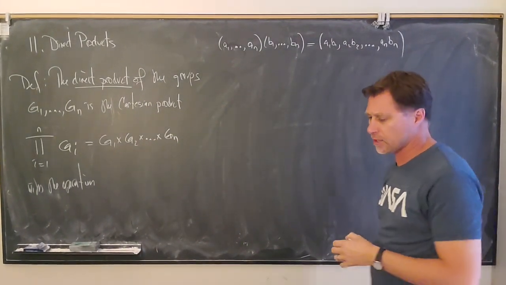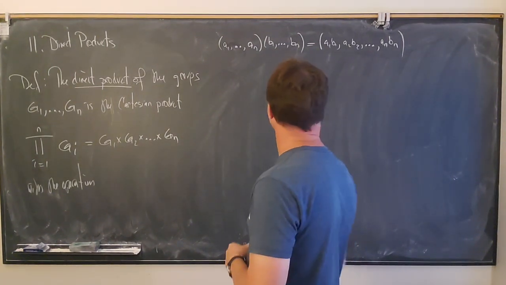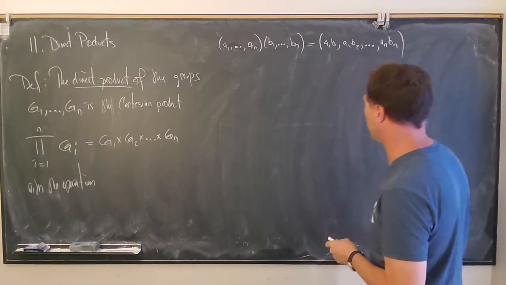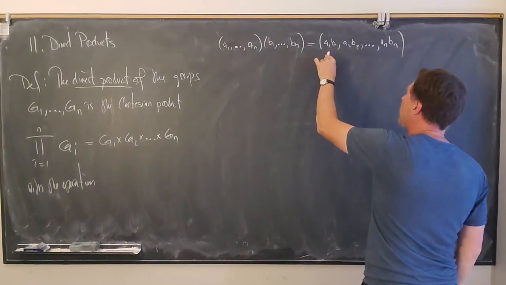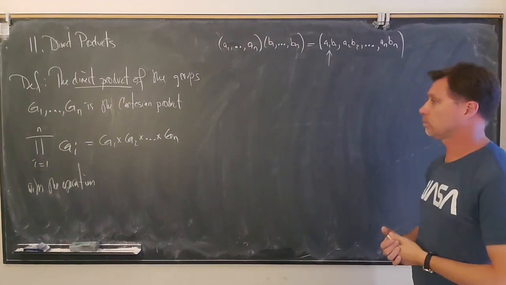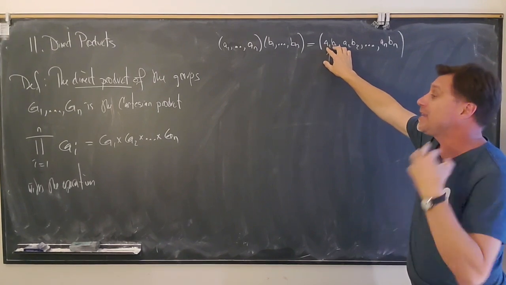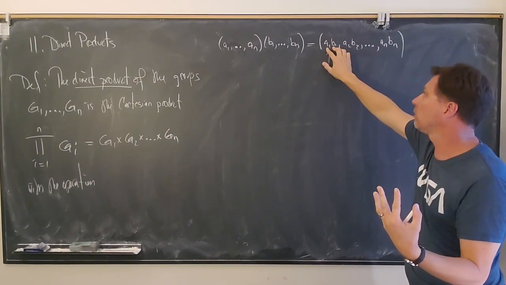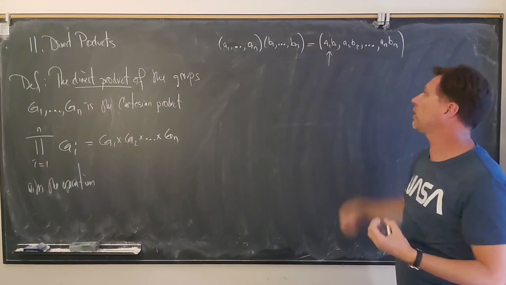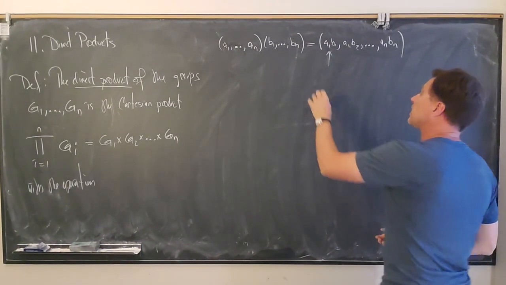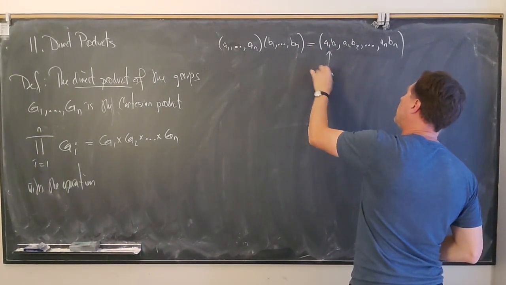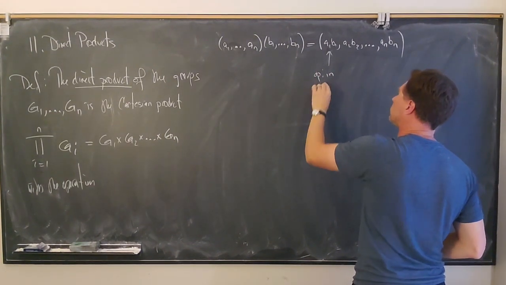We want to quickly verify that this is a group. But before I do that, let me point out what we mean here. When I write a1 times b1, what I mean is use the operation in capital G1 to create this element right here, a1 times b1. So this is the operation in G1.